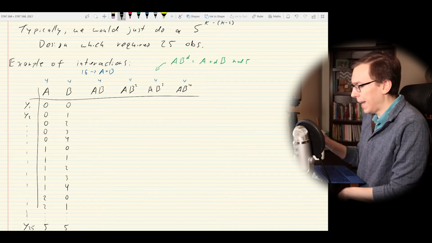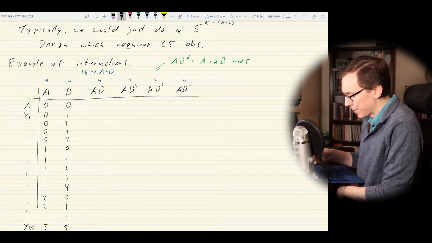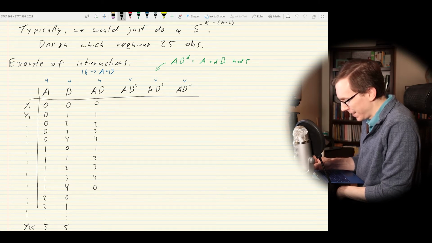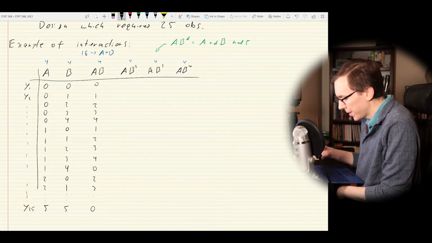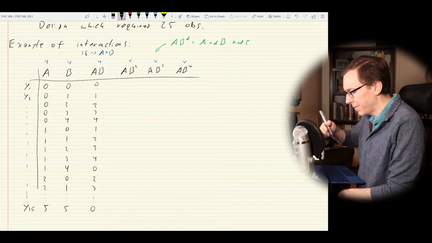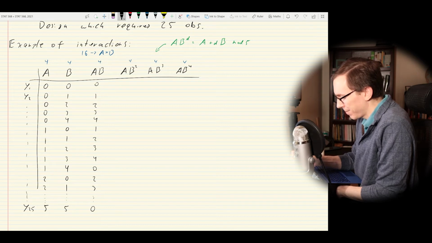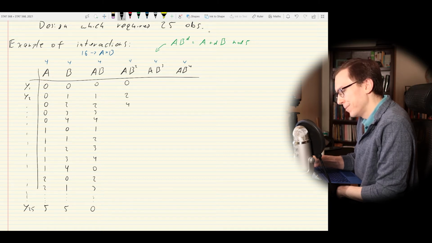So for the first column, A times B, we're just adding these numbers together, mod 5. So I get 0, 1, 2, 3, 4, and then 1, 2, 3, 4, 0, and then 2, 3, etc. And then the last one is going to also be 0 if I go all the way down to the 25th. Now, if I do this for AB squared, it's going to be, well, going by 2's now. So let's see if we can do this. 0, 2, 4. Let's see. 3 times 3 is 9. Wait.